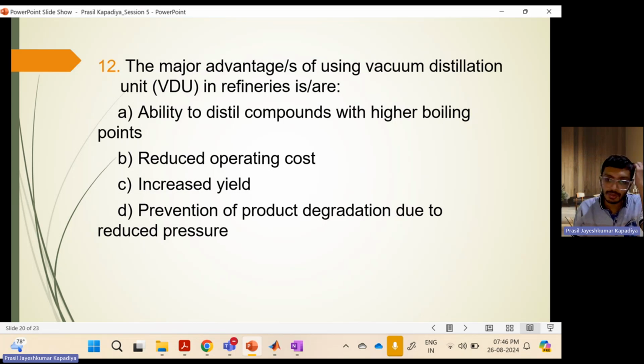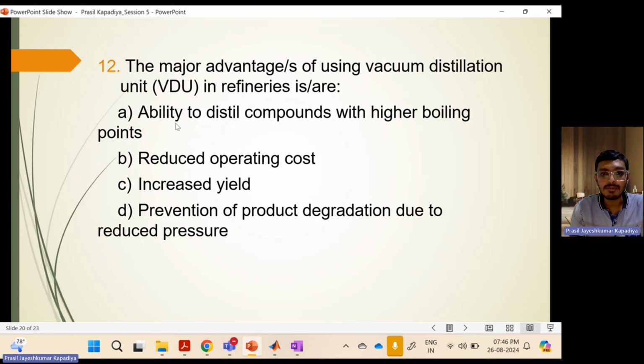The component's boiling point is extremely high. So in vacuum distillation, what we do, we apply vacuum. So we are basically reducing pressure. What happens when we reduce the pressure, boiling point also gets reduced. So because of this, ability to distill compounds with higher boiling points is increased.